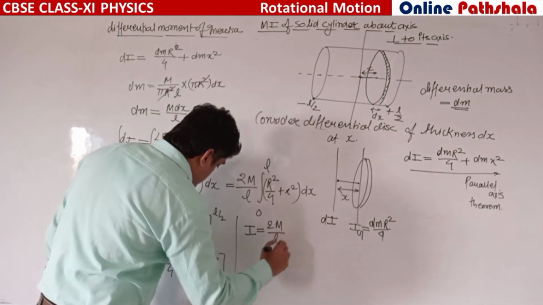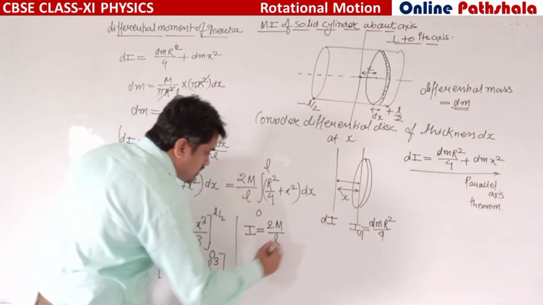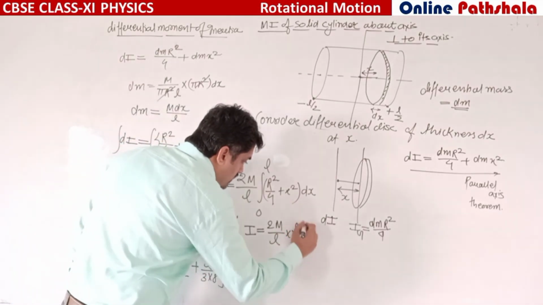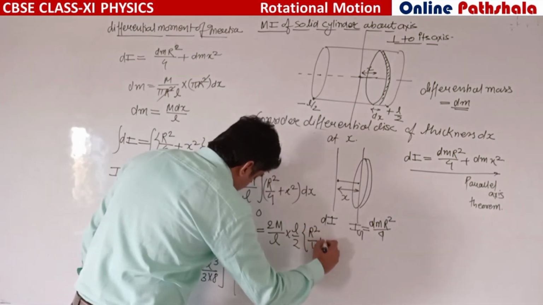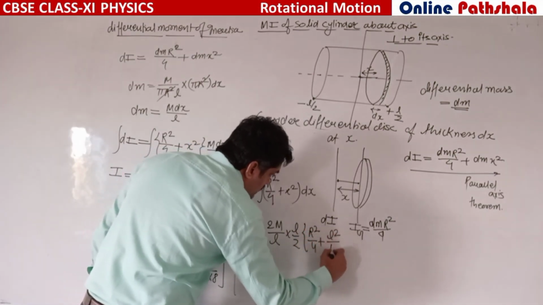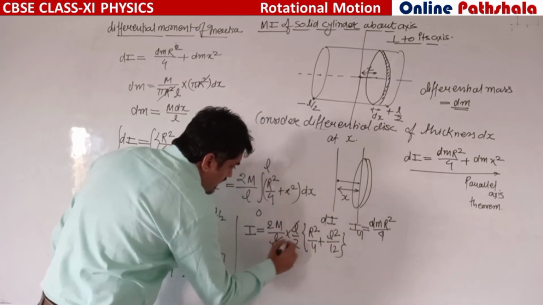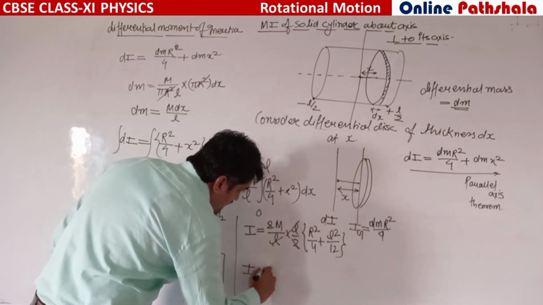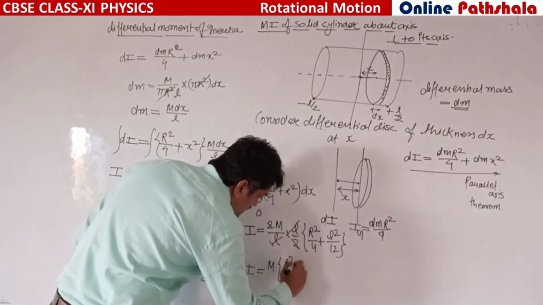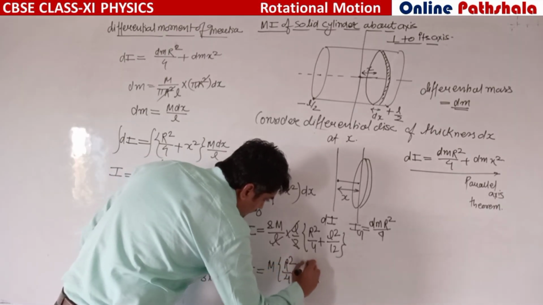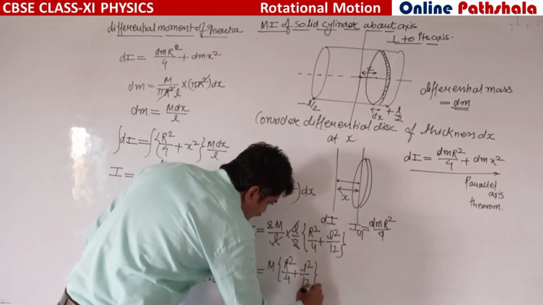We can take L by 2 as common, so we get r square by 4 plus L square by 12. This L and 2 will cancel out, and finally we get M into r square by 4 plus L square by 12.